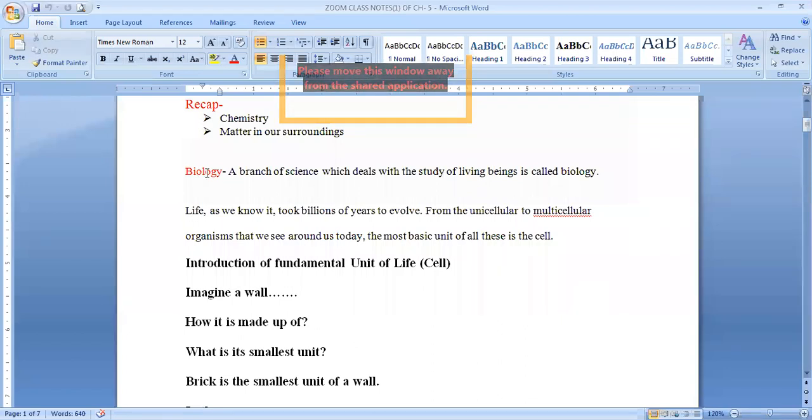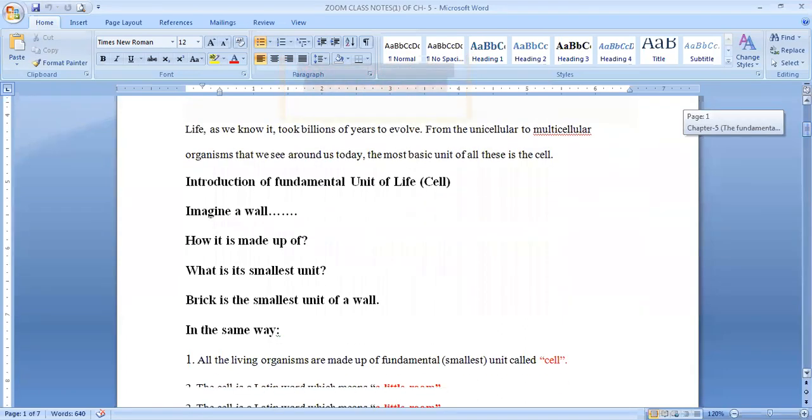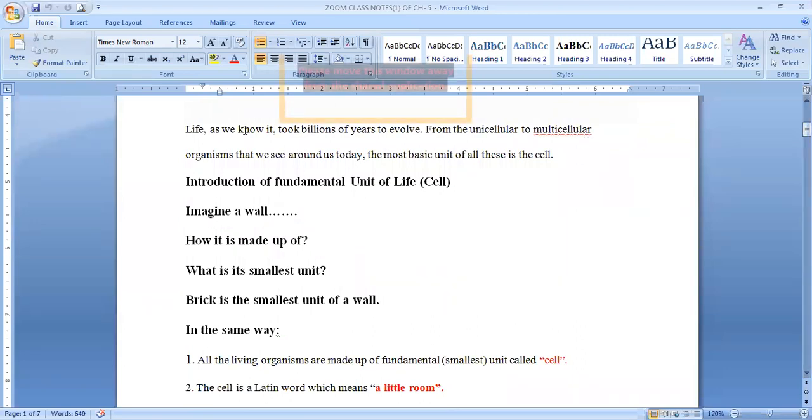Our first chapter is the fundamental unit of life. So all of you know that life, as we know, took billions of years to evolve. Means whatever life is around you did not evolve in one day.